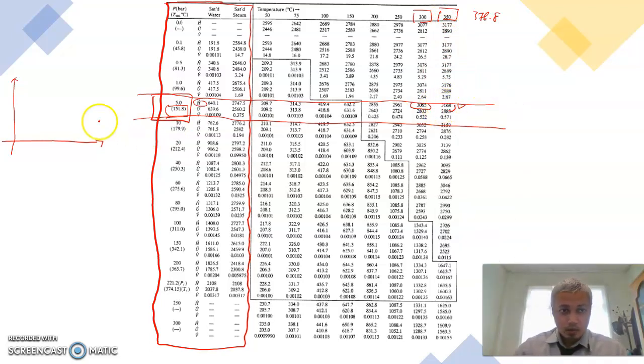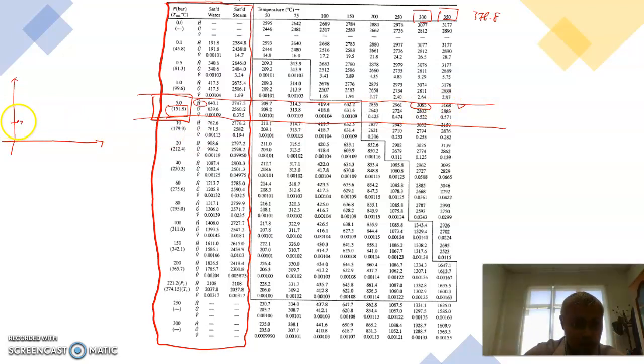So what we need to do now is we just put the values. Let's say this is our enthalpy, this is our temperature. It is 3065 at 300 degrees C. That is the first point.